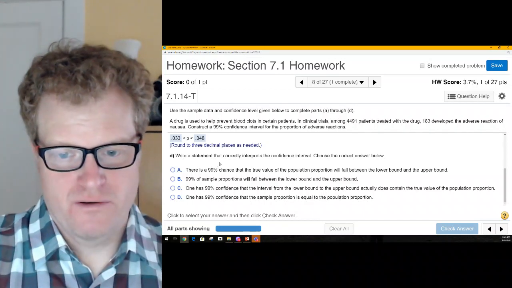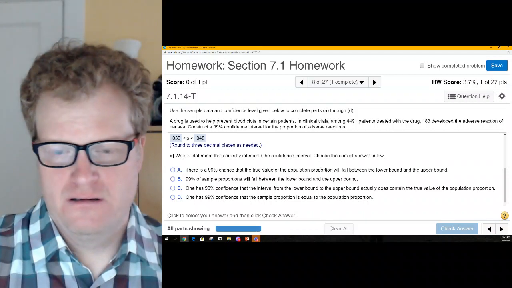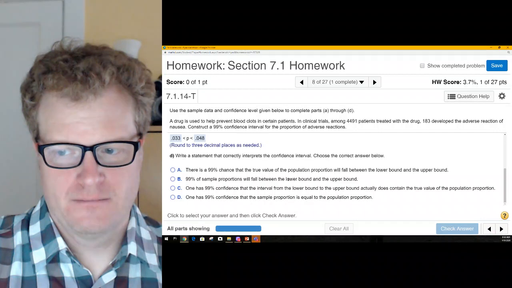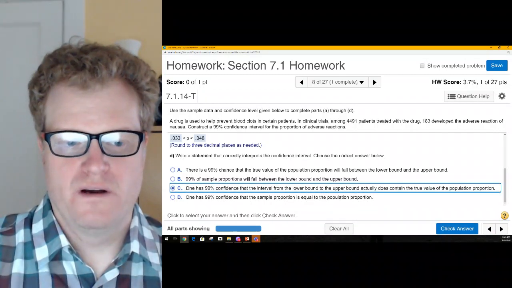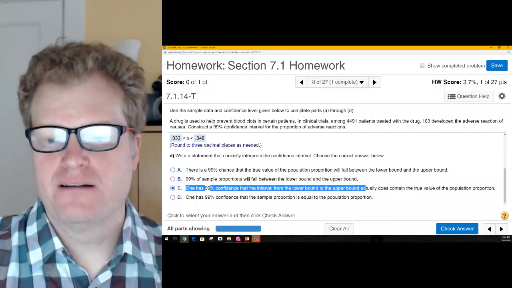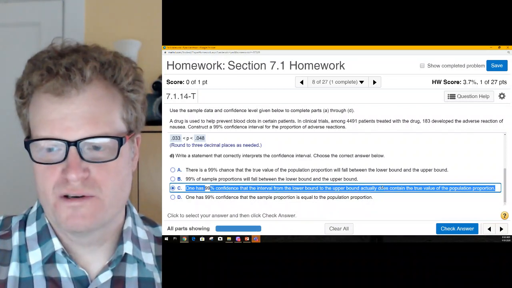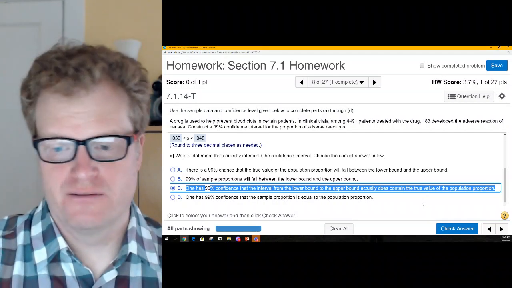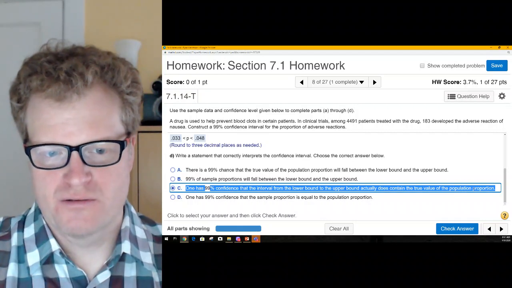So we want to look through and say one has 99% confidence, and it's going to be part C: one has 99% confidence that the interval from the lower bound to the upper bound actually does contain the true value of the population proportion. This is what you really want to key in on, the part where it talks about the true value, kind of like the hardware store. We want to target the actual population proportion.